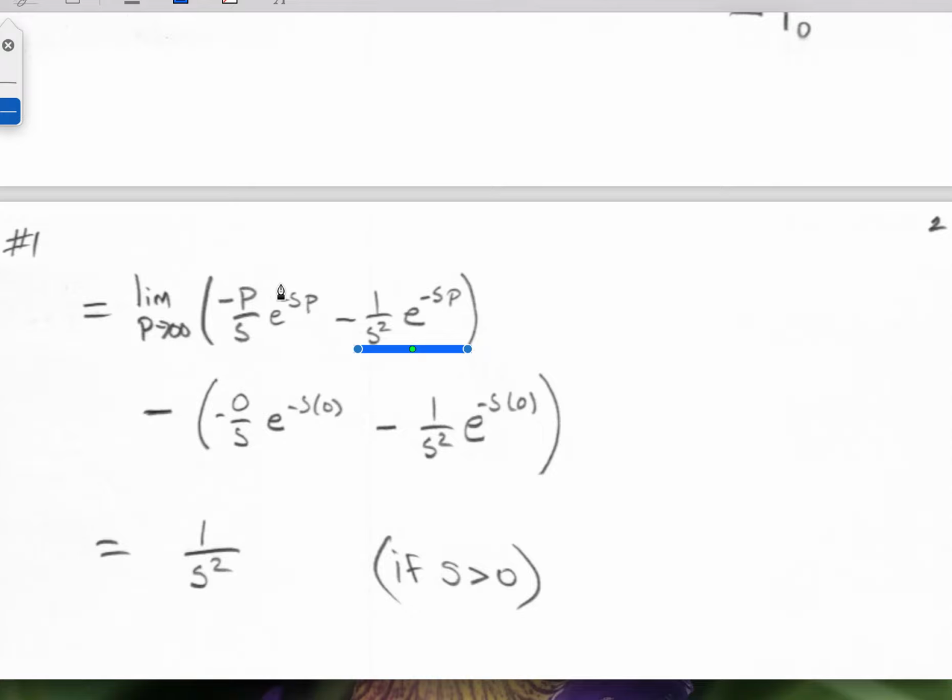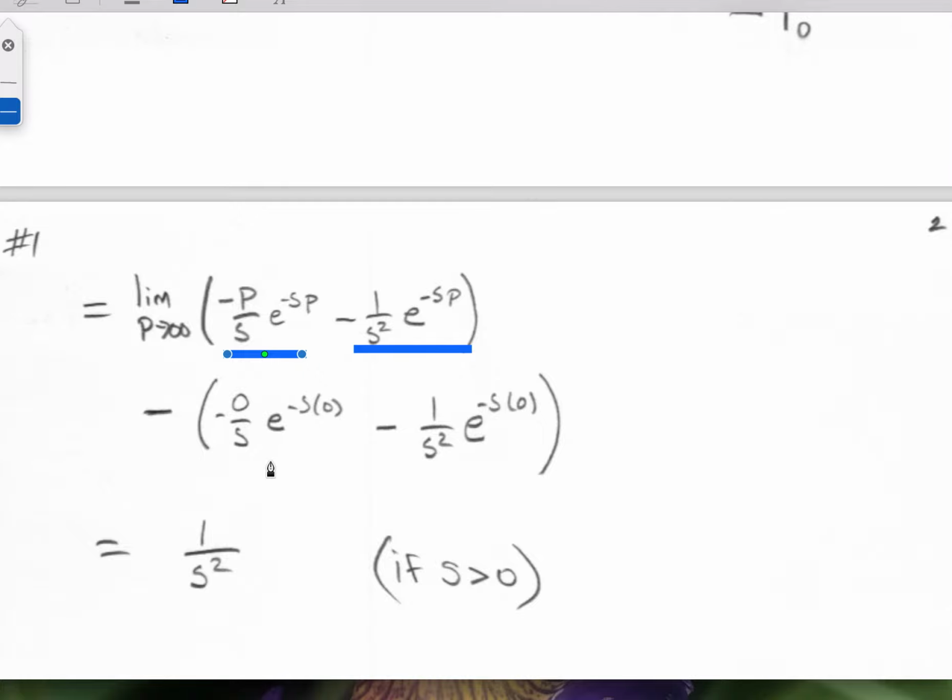So as it turns out, if I take L'Hopital's rule of this first limit and take the derivative of both the top and bottom, it's easy to see that this whole term goes to 0. So I have 0 minus 0.